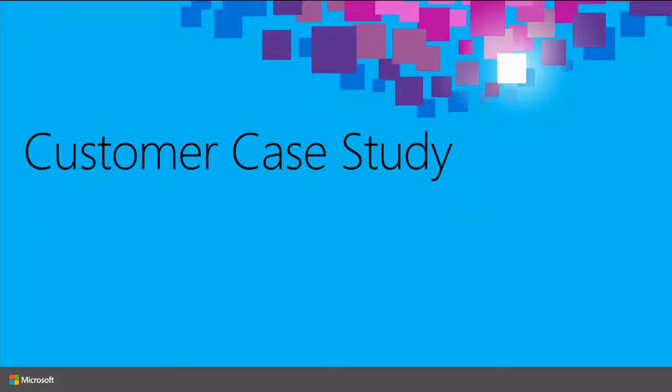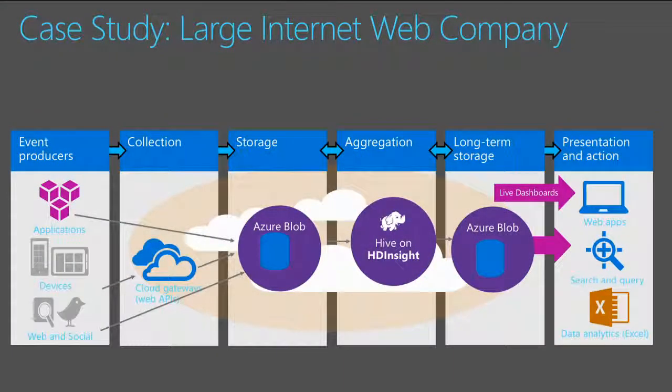So we're going to talk about a customer case study. This particular case study is pretty interesting because they use some of the techniques in our optimizations, but they also went out of the box, right? This is just to give an example that, based on your scenario, you might have to be more innovative and think out of the box. So this is a large internet web company.